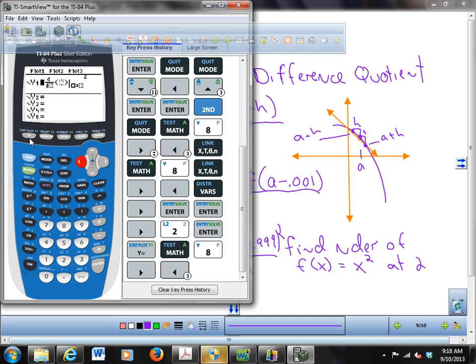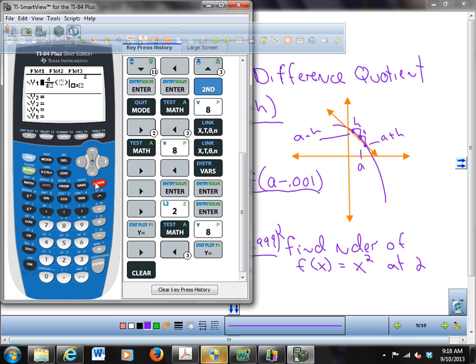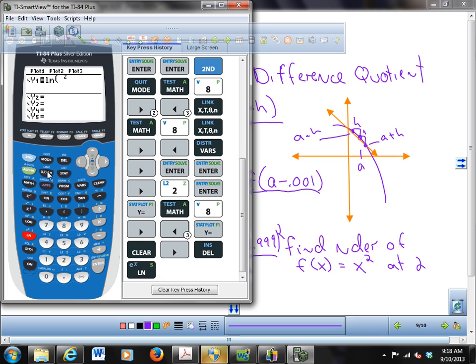So, just to show you, let's do it with a different function. Oh, because I put my derivative into y1. I need my function in y1, not my derivative, okay? So, just for fun, put in a different function, like y equals natural log of x, okay? ln of x.